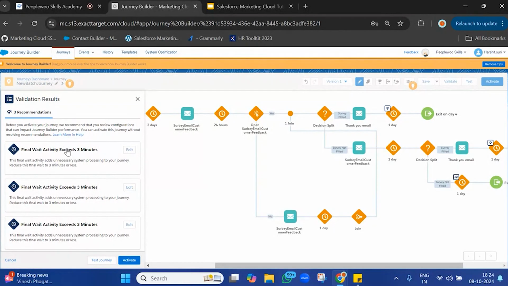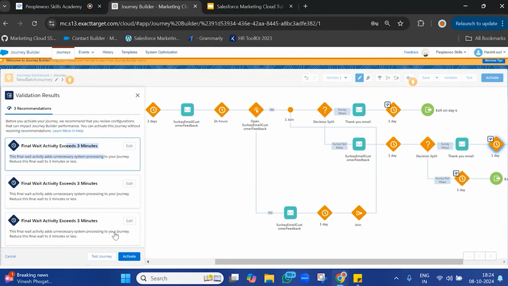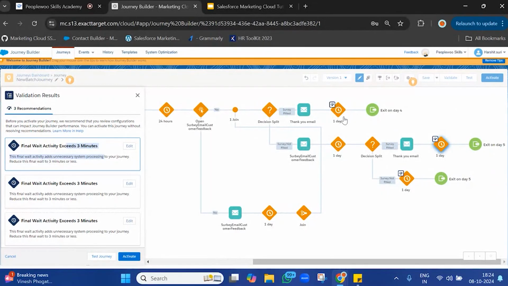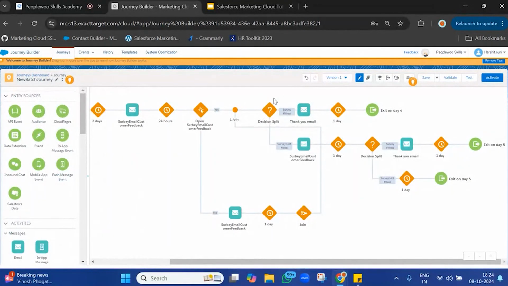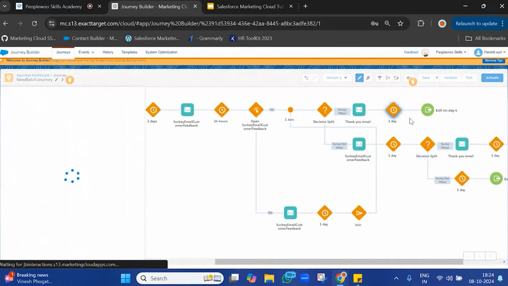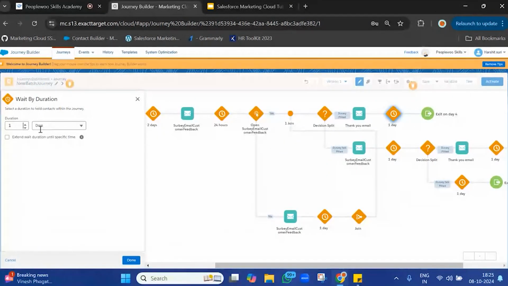It says that the wait activity exceeds 3 minutes. These are the final wait activities which we have kept for one day. It is saying that once everything is complete, a contact should exit within 3 minutes. So we will put the final wait activity as 3 minutes.